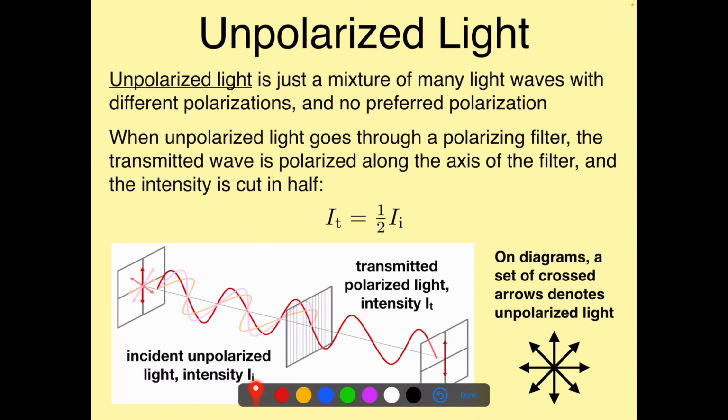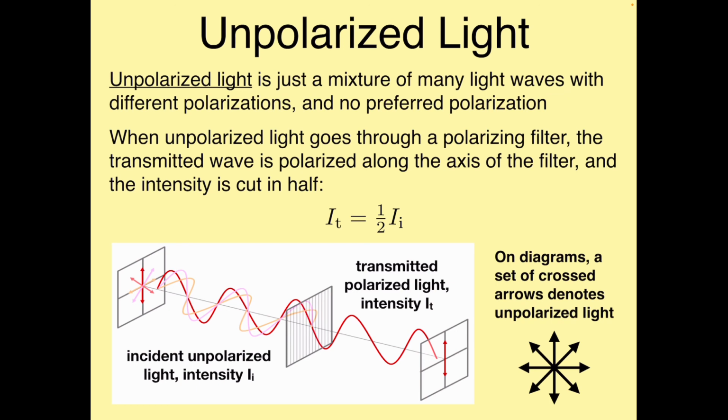There's no overall polarization to those waves. On a diagram, we show the fact that we have a mix of many different polarizations by using a set of crossed arrows, meaning some of the light is polarized this way, some of it's polarized that way, and so on, so that overall there's no real direction of polarization that's preferred.